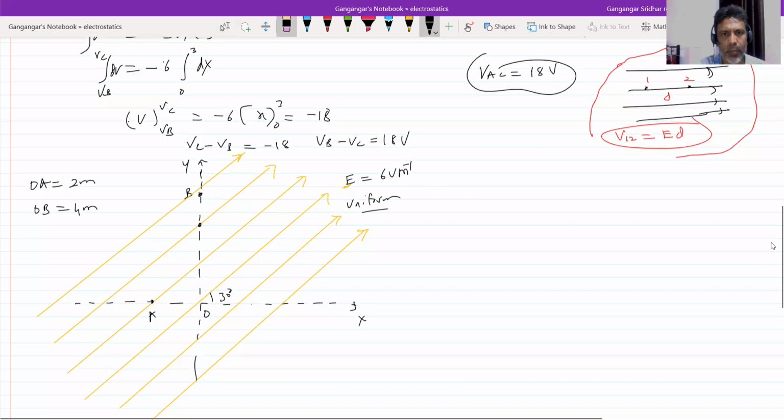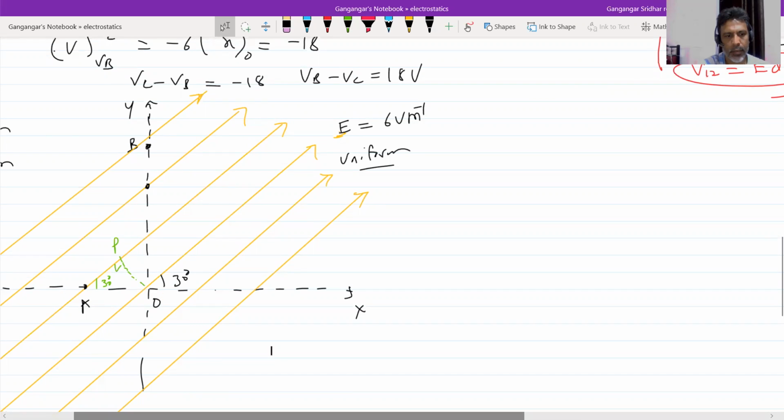So you draw a perpendicular. Call it O dash, or call it P or something. So we know AO, and this is 30, 60, this will be 30, and this angle will be 30. I'll magnify the diagram.